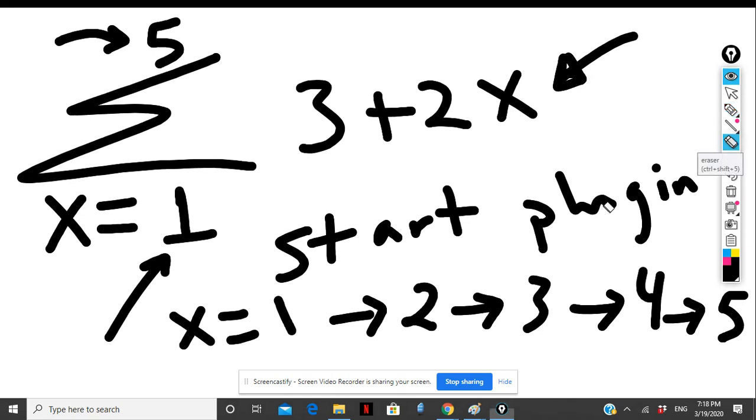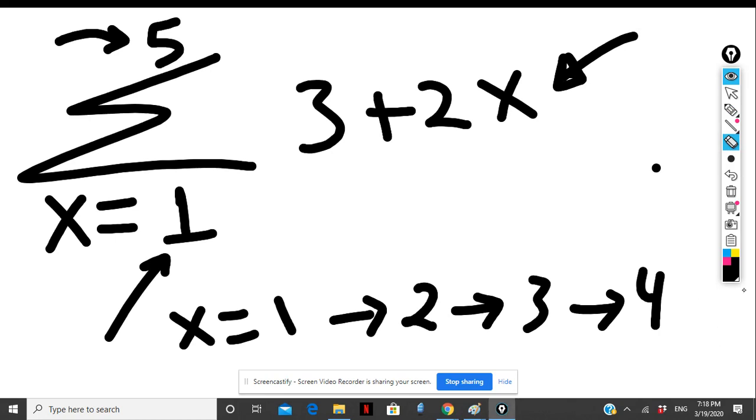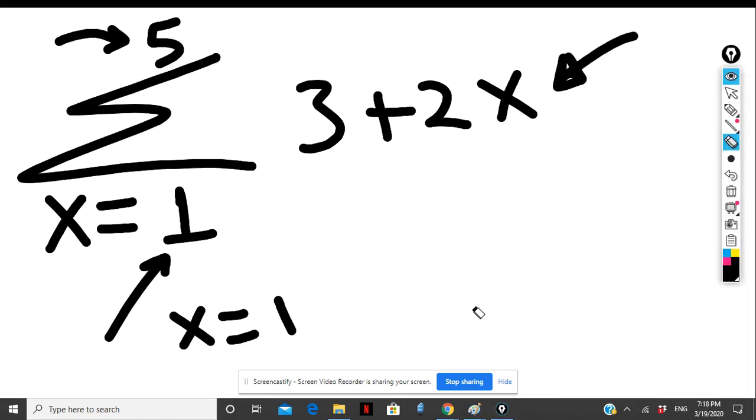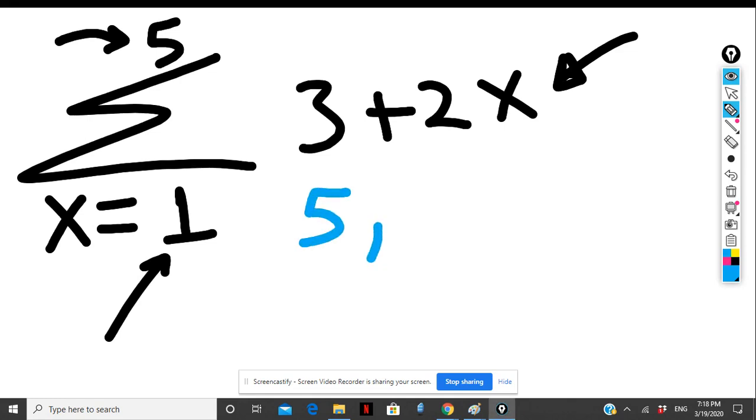So let's plug in. When x is 1, 1 times 2 is 2, plus 3 is 5. That's the first term.